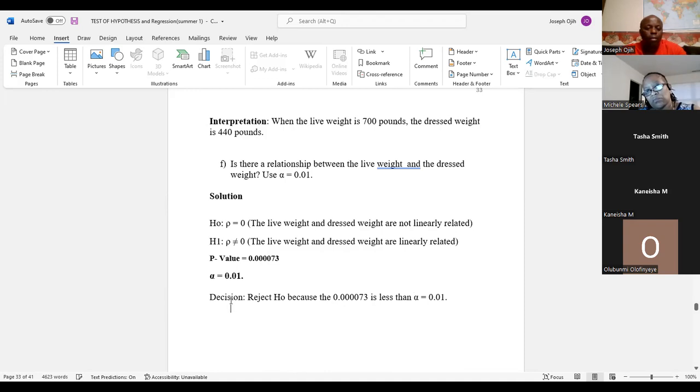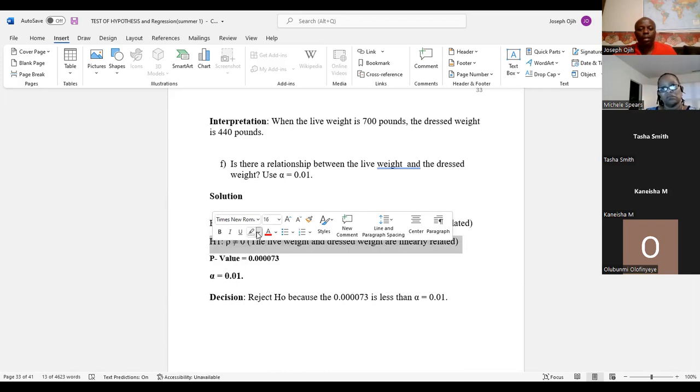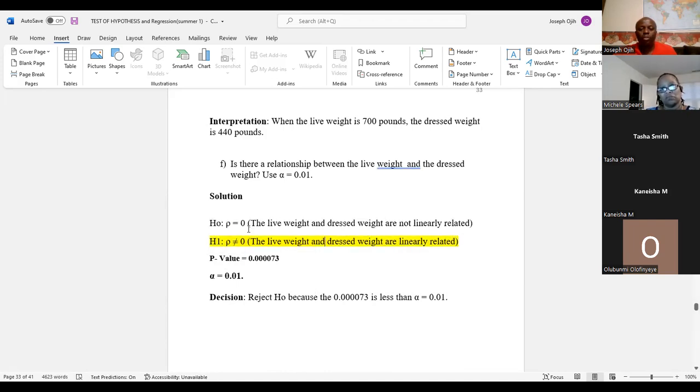See? That's our decision. So it means we are rejecting the null hypothesis. So we are rejecting this one, which means this one is the correct one.